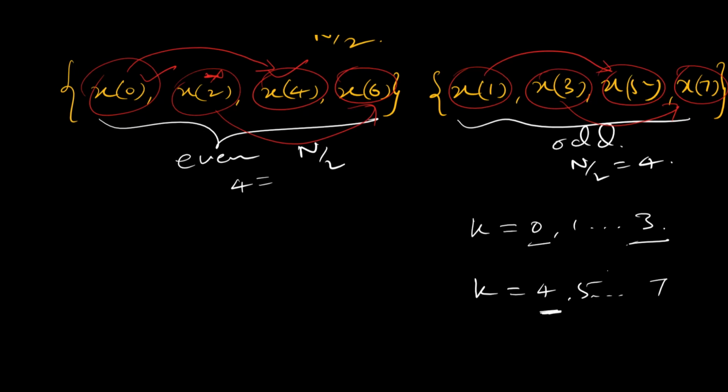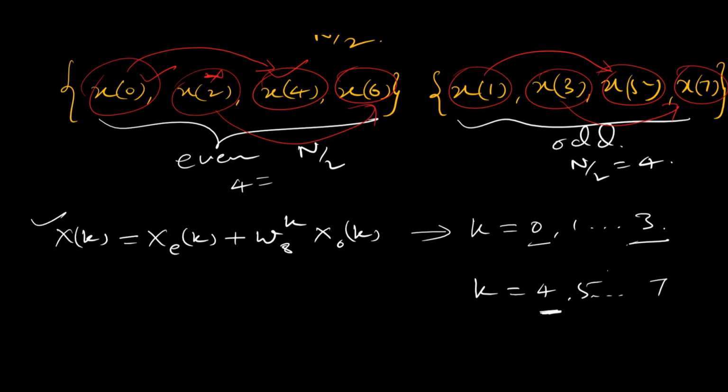The general equation for the DFT of this will be X of k equals X even of k plus W to the power k, and what is the value of N here? 8. So W8 to the power k, X odd of k. This is coming from equation number 1.